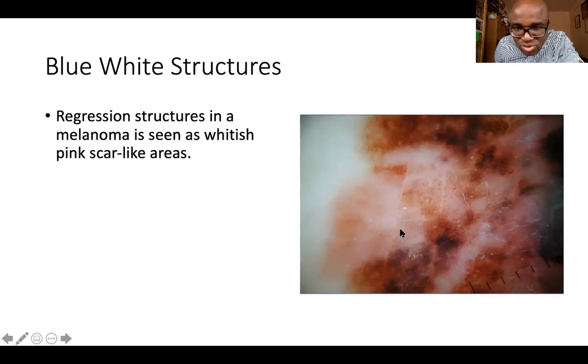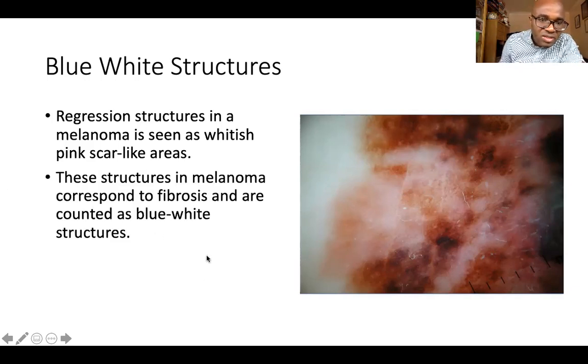So there's asymmetry, atypical network, white regression areas. This is your melanoma. These white areas correspond to fibrosis, as I said, and they are things you need to look out for in a lesion. So this will give you a score of 3.